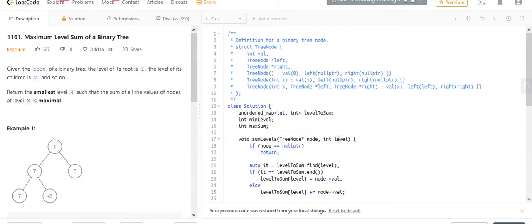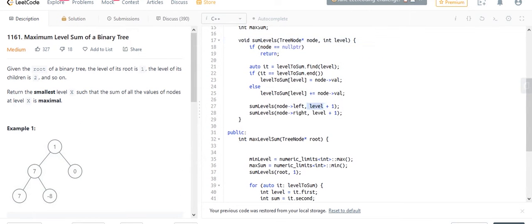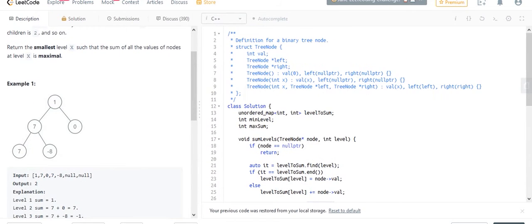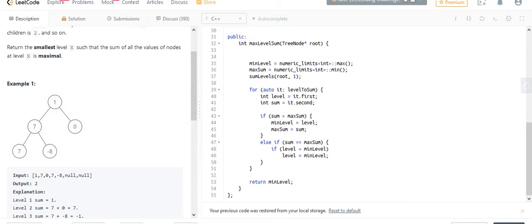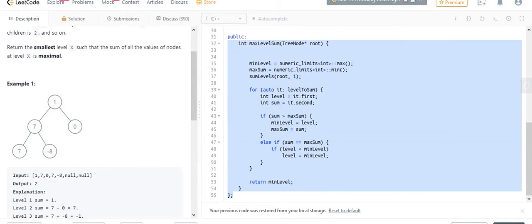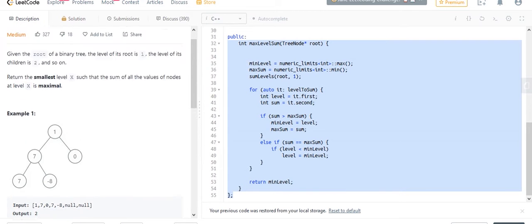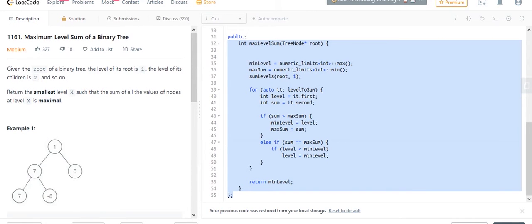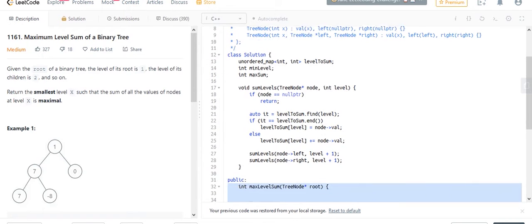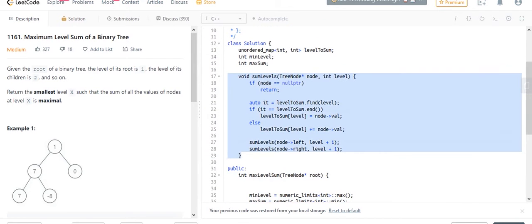It keeps track of which level it is at by one of its parameters, and it uses a hash map as an accumulator to store the sums, and whichever one is the greatest is returned by the main function. This is also a pretty straightforward problem, and this DFS solution can be made even more optimal by using a non-recursive approach using a stack or a queue.